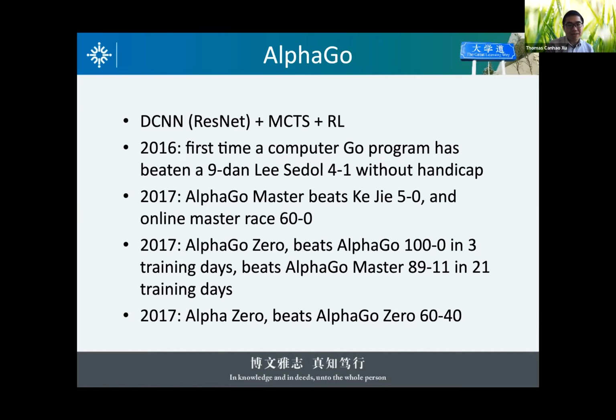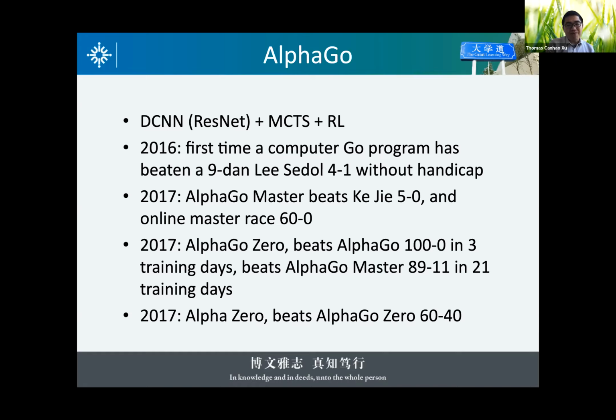In 2016, that's the first time we know that AlphaGo can beat Lee Sedol 4-1 without any handicap. And in 2017, AlphaGo Master beat Ke Jie 3-0, and then the online master series went 60-0.